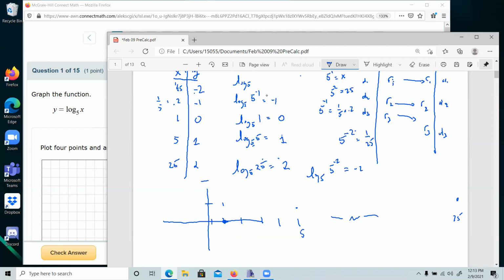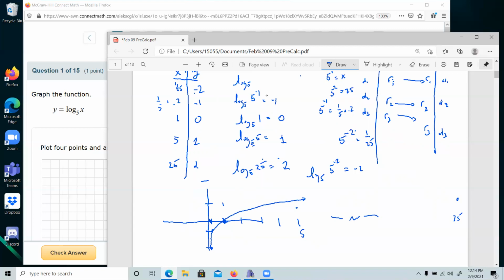When x is 1/5, then we're at -1. When x is 1/25, we're down here real close. All right, so our graph is going to look something like that.